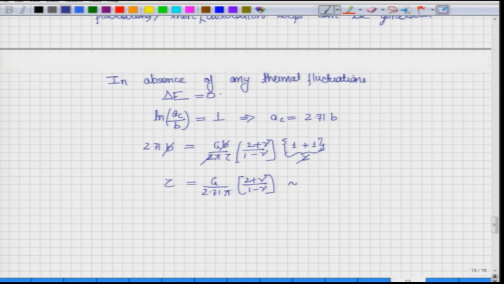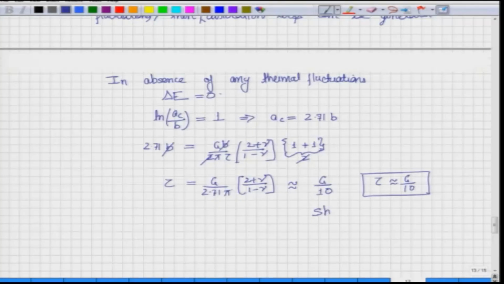Now, what is this approximately equal to? This is equal to G by 10. You remember seeing this equation somewhere? This is the same value that we obtained as the amount of stress required to deform a material if there are no dislocations inside the material.